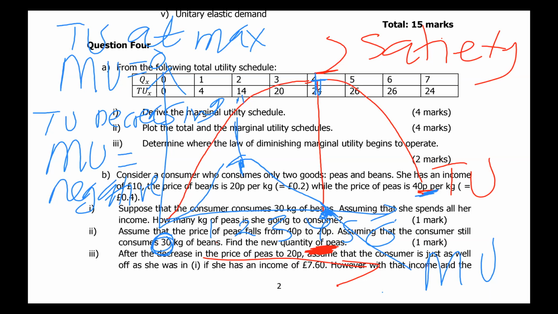Once total utility reaches the maximum, then marginal utility becomes 0, and beyond the point of satiety, the maximum point of total utility, marginal utility becomes negative.